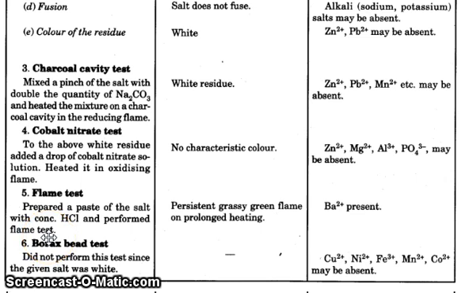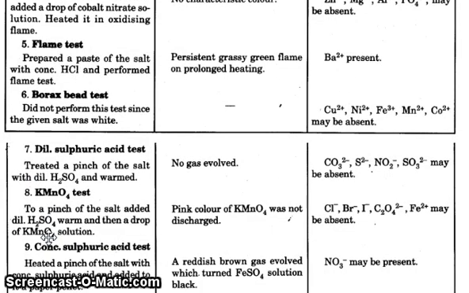Then you can start the next experiment, flame test. Prepared a paste of the salt with conc. HCl and performed the flame test. This is your observation: persistent grassy green flame on prolonged heating.